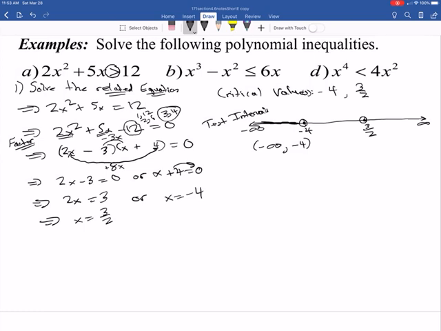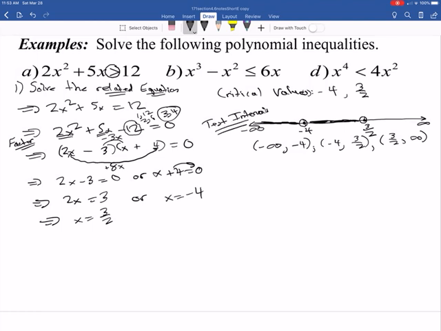We know -4 makes it equal 12. We also have to look at the numbers that are greater than -4 and less than 3/2, numbers like -3 and -2 and 1. And then, of course, we have 3/2 to infinity, all the numbers greater than 1.5, like 2, 3, 4, 5, all the way to infinity. So those are our test intervals.